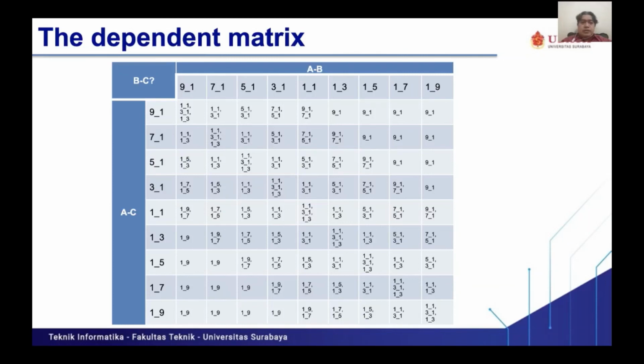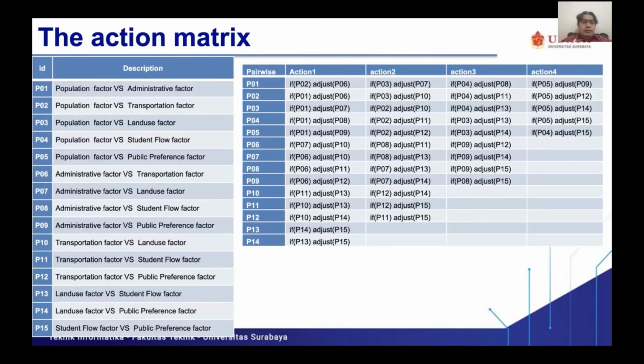Okay, this is the independence matrix. And for the action matrix, this one will raise an action when the user clicks on filling some option in the pairwise statement. There are 15 pairwise judgments, and this one is the pairwise action.